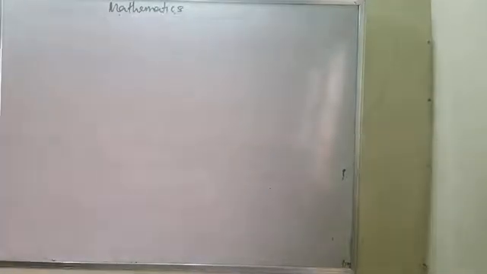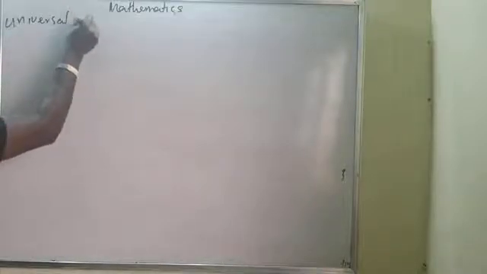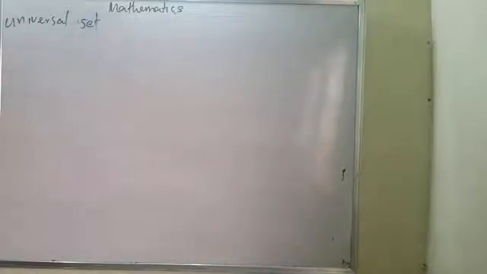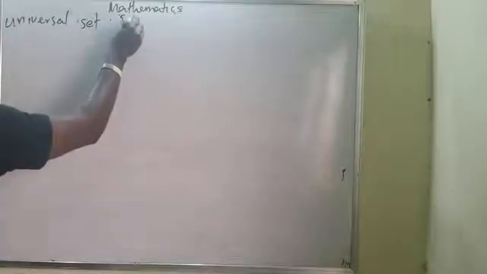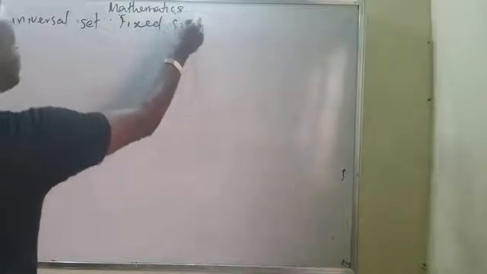Okay. Now, the next one, after power set, let me quickly explain universal set. Universal set is just like a universal set. When you talk about universal set, you also call it a fixed set.